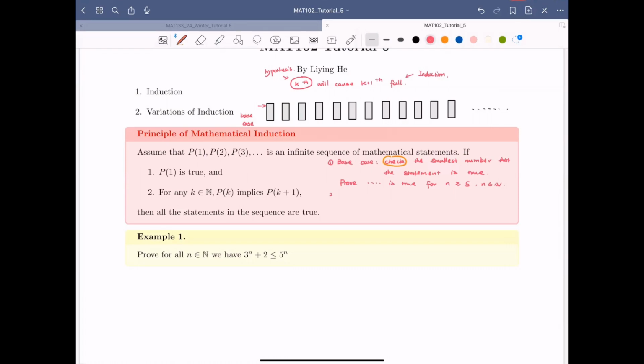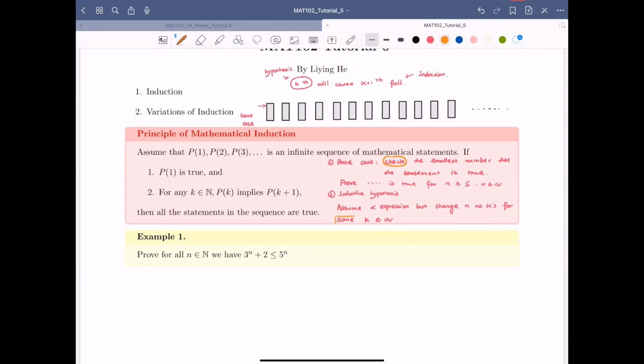Second, you should have the inductive hypothesis, which is you assume, insert whatever expression you have, but change n to k, for some k in the natural numbers.